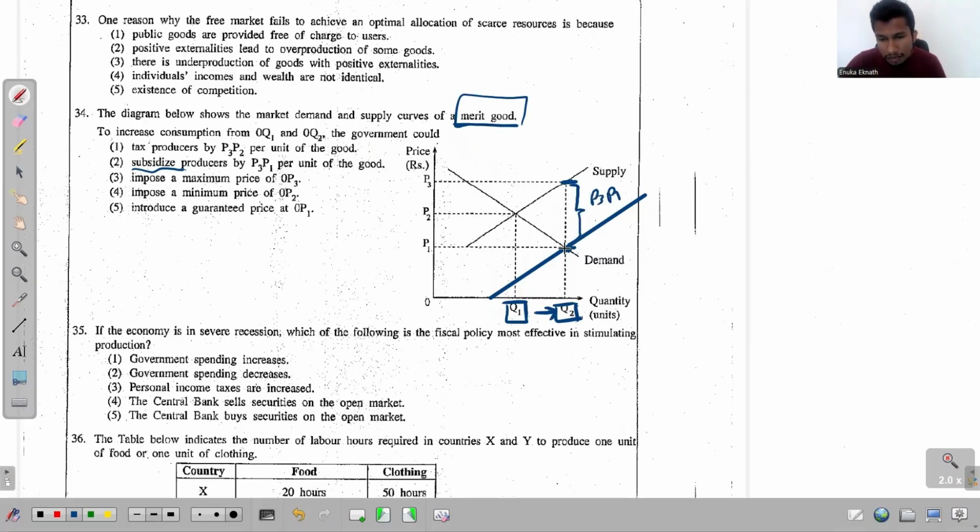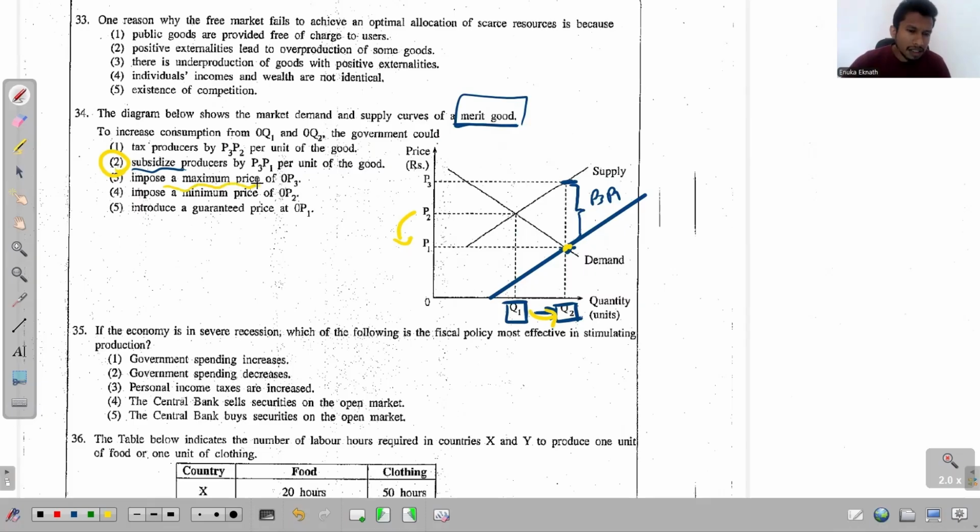That means at this point, the government can achieve their objective. So if they provide a subsidy for the producers, the supply curve gets shifted by the amount of this unit subsidy, and as a result, the price reduces and the quantity consumed increases. So that is the answer then, the second one.